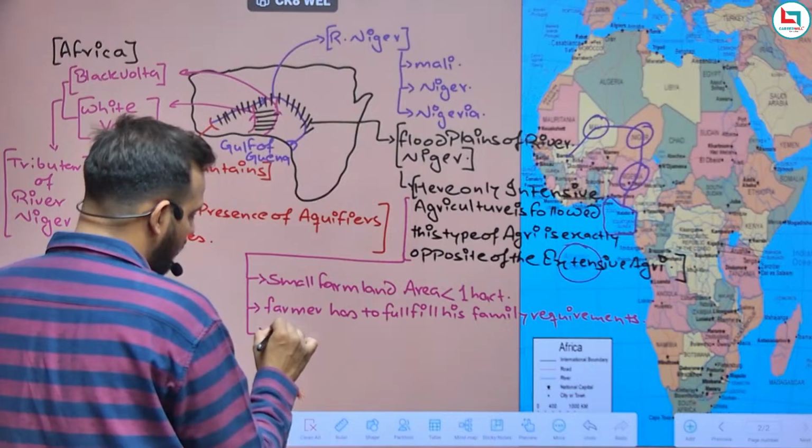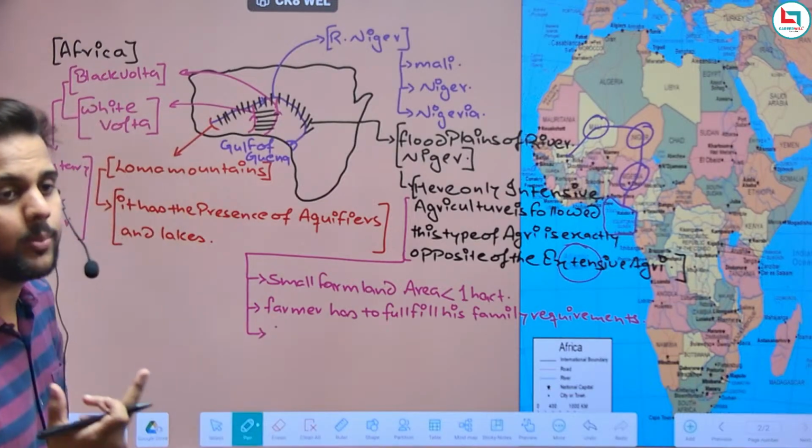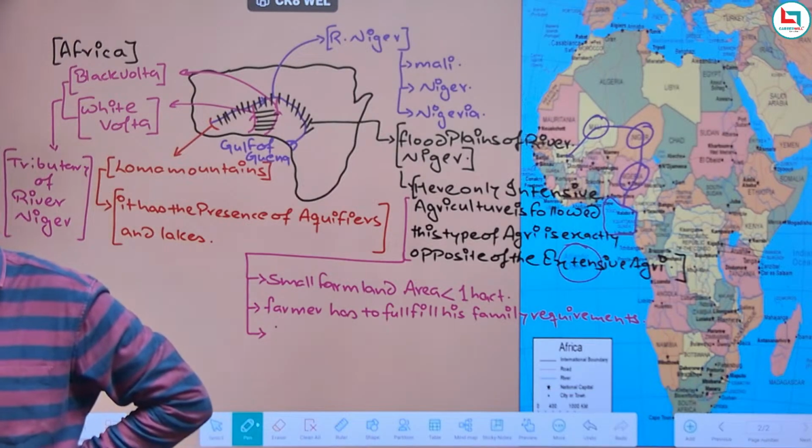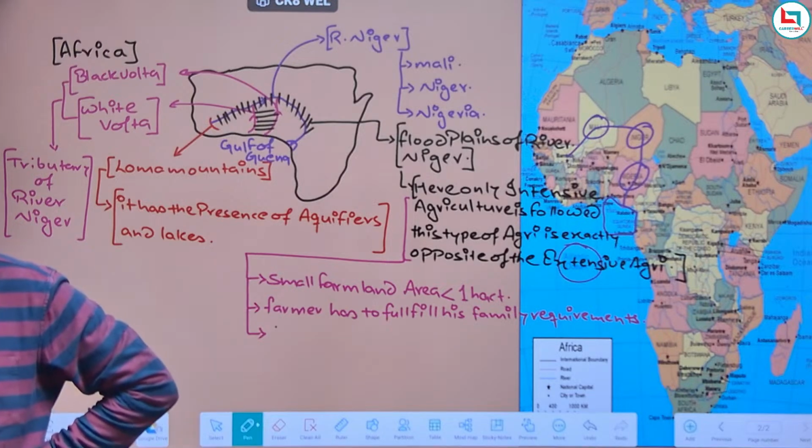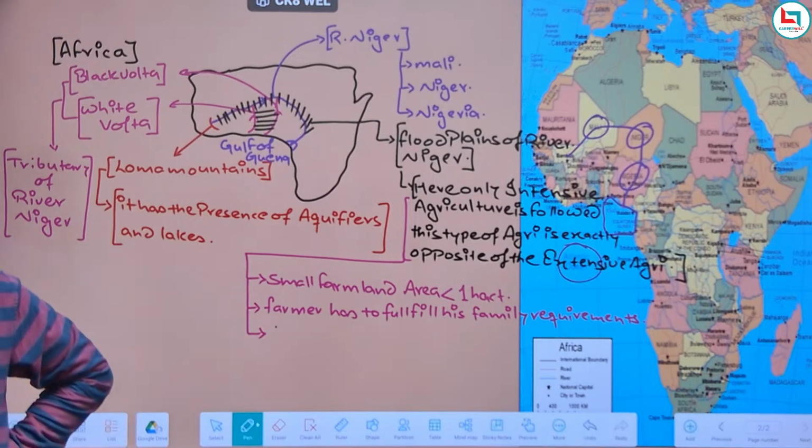Low quality or poor quality of raw material is used here. Okay, no mechanized tools, only human labor. Low grade raw materials are used.